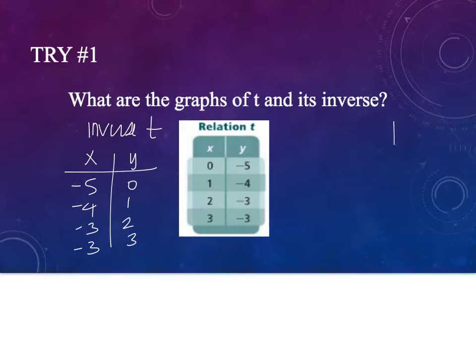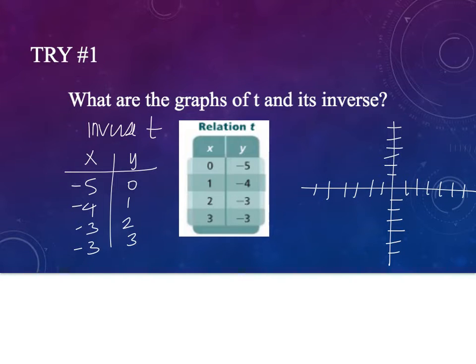So when I graph this, the original I'll graph in white, and then I'll switch to maybe green or yellow. The original is 0, -5, then 1, -4, which is here. 2, -3. And then 3, -3. That's the original.